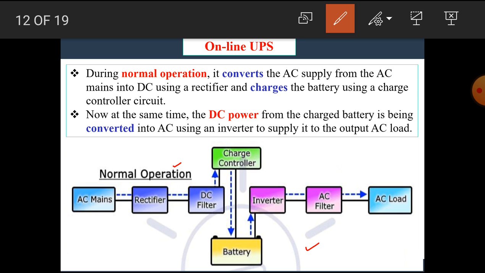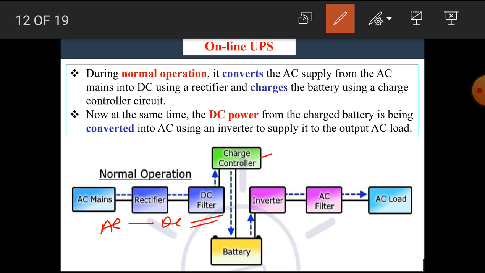First one is normal mode operation. During normal operation, it converts the AC supply from the AC mains into DC using the rectifier and charges the battery using the charge controller circuit. That means when the power is available, it is given to the rectifier which converts AC into DC. This DC is smoothened by this DC filter and given to the charge controller.